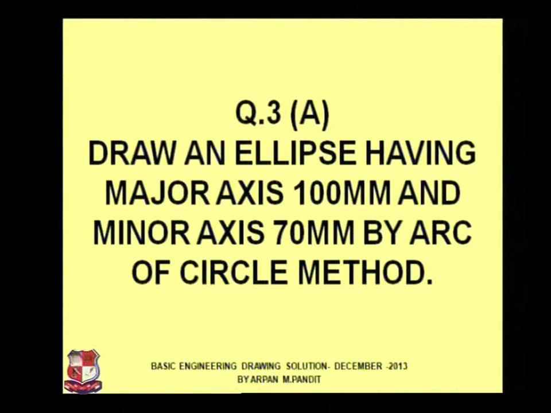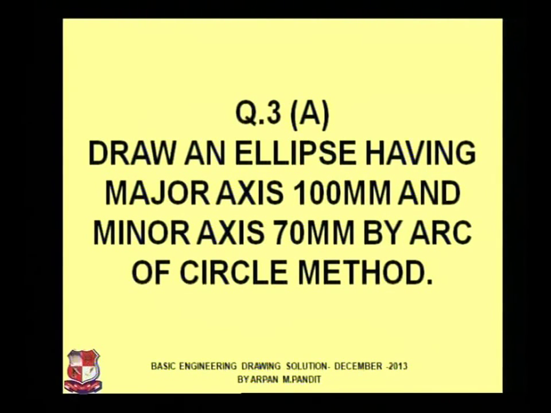Now let's look at the next problem, please. The next problem is about drawing an ellipse having major axis 100 mm and minor axis 70 mm. Now we need to draw this problem using the arc of circle method only.